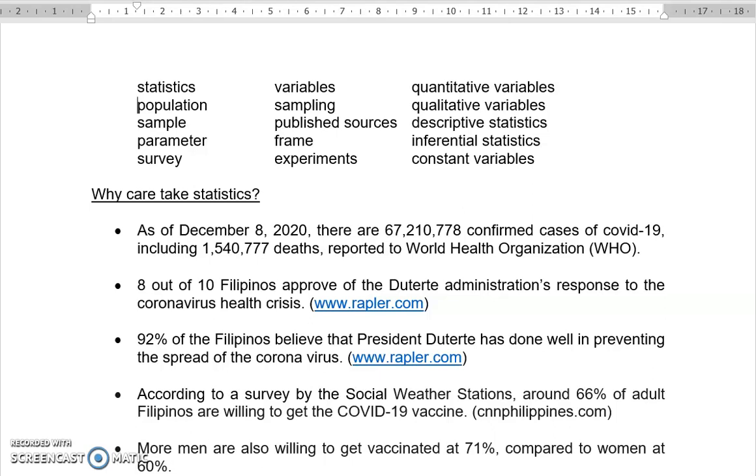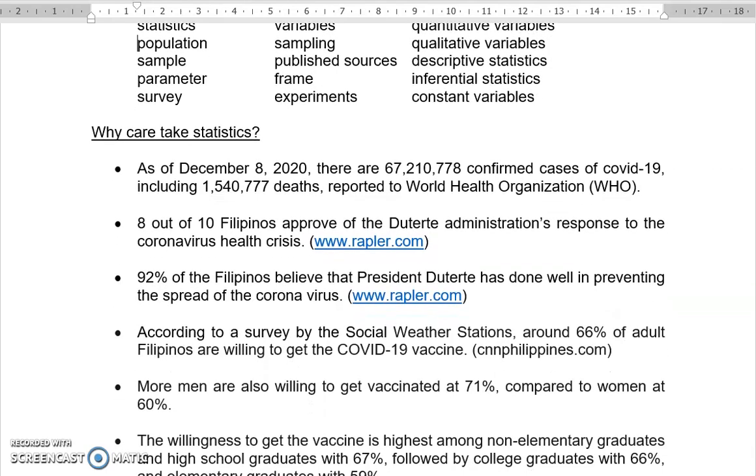It's because of interviews, and those interview results were analyzed using basic descriptive statistics, and you can now make some findings, discussion or interpretation of your findings. 92% of the Filipinos believe that President Duterte has done well in preventing the spread of the coronavirus.